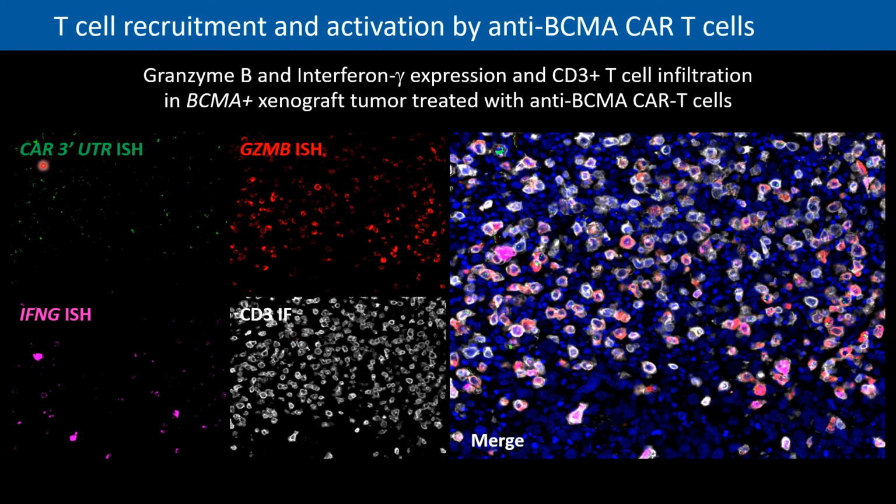With the 3' UTR CAR probe, we were able to identify specifically the CAR T cells, and the activation and engagement was visualized by the granzyme B and interferon gamma probes. So a multiplex assay really helps simultaneous visualization of multiple markers, giving you more information from less sample.